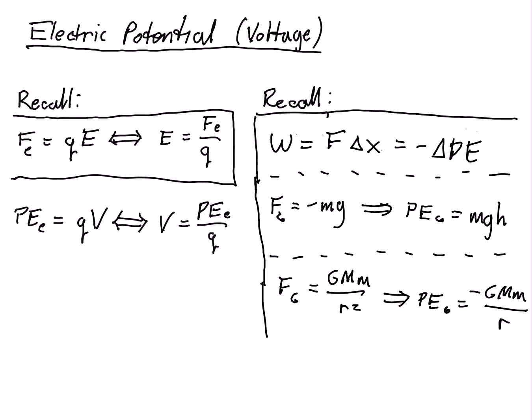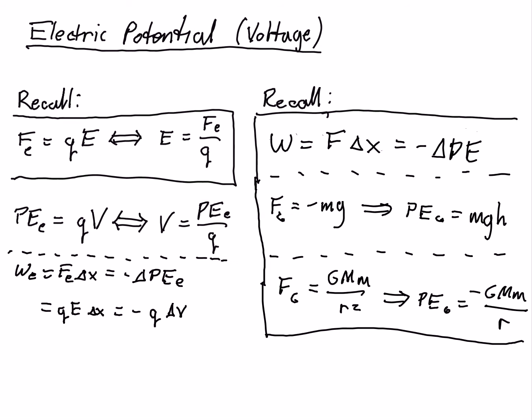Recall another case we did, the force due to gravity for any two objects, masses big M and little m, a distance r apart, for example, planets. In that case, the gravitational potential energy is minus GMm over r. So the GMm over r squared force gave a potential energy of minus GMm over r.